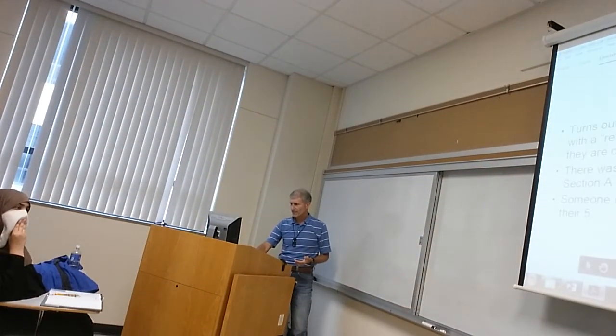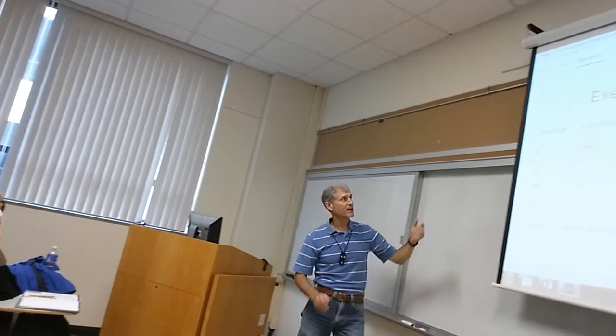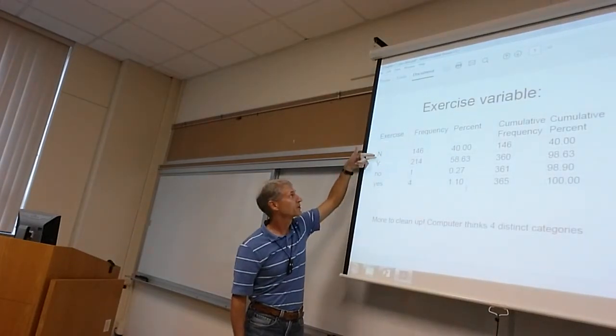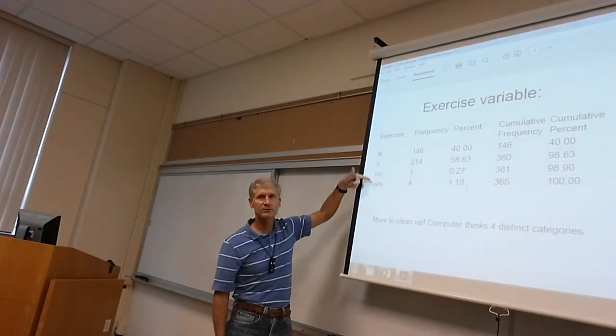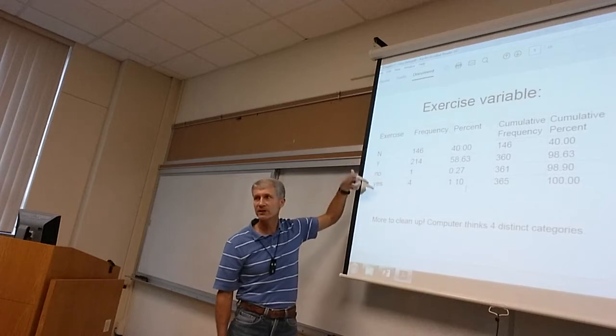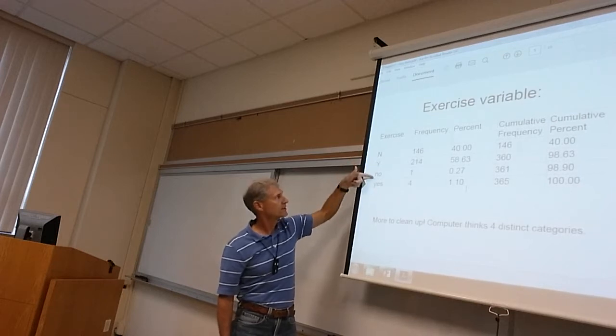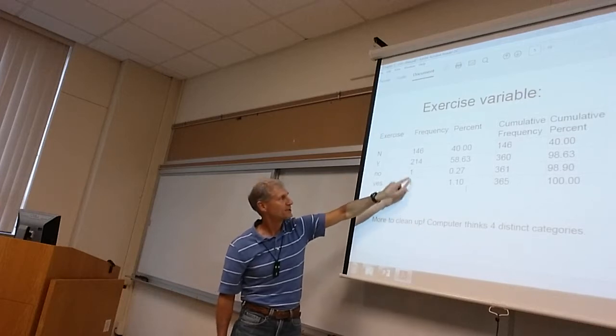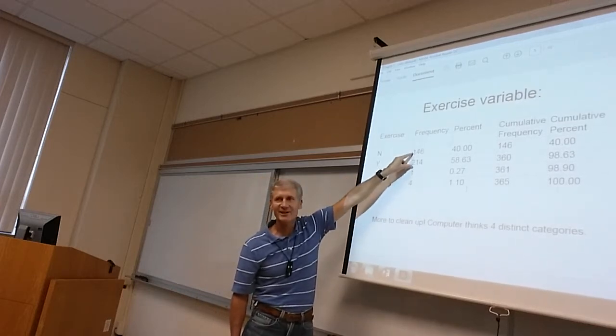So this is what it looked like when I ran a frequency table on the exercise variable. It thought there were 4 levels or 4 categories for exercise. N's, no's, y's, and yeses. Right? And here's those 5 observations. Everybody else did good.